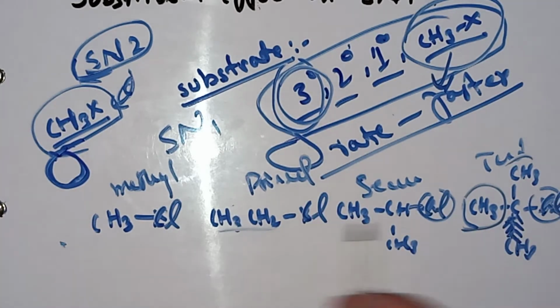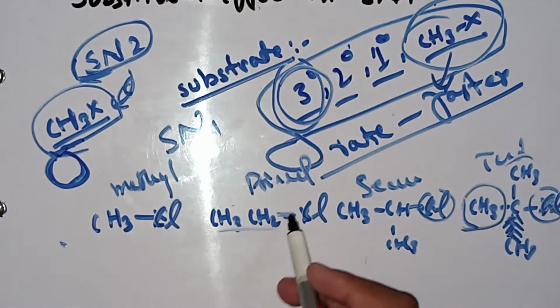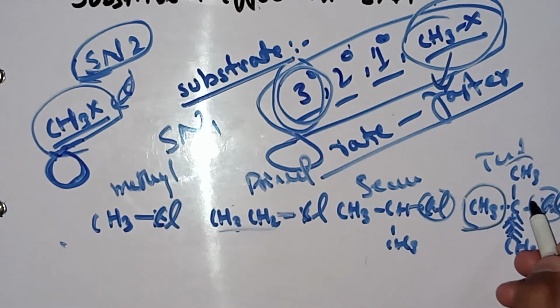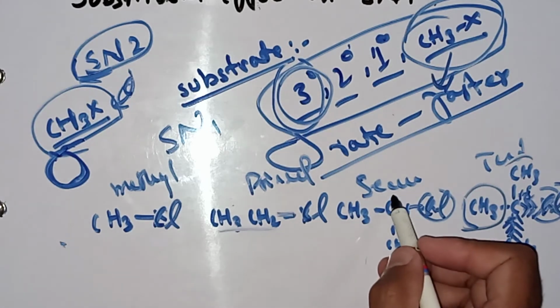When it is the same in all cases, the electron withdrawing group, chloride, withdraws electron density from this carbon. That's why this carbon gets a partial positive charge and is electrophilic, while chlorine gets a partial negative charge. That's why the bond becomes polarized in all these cases.